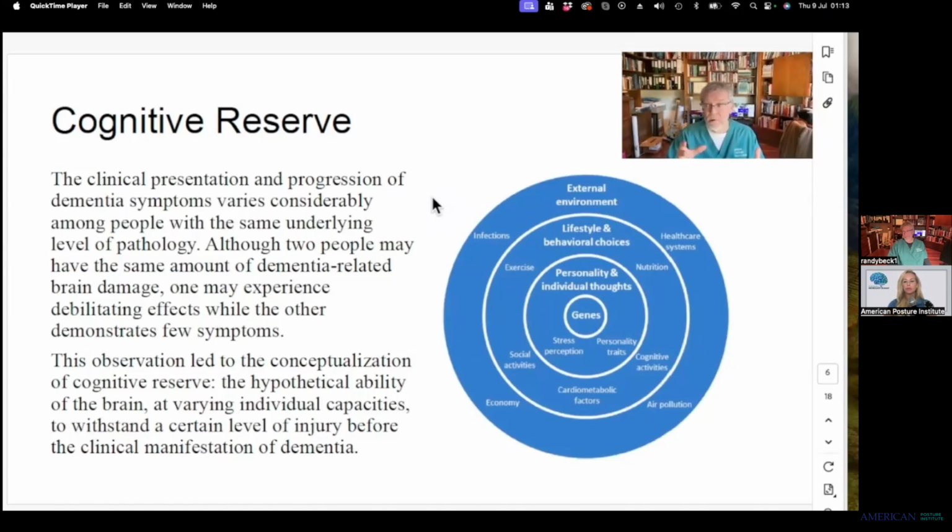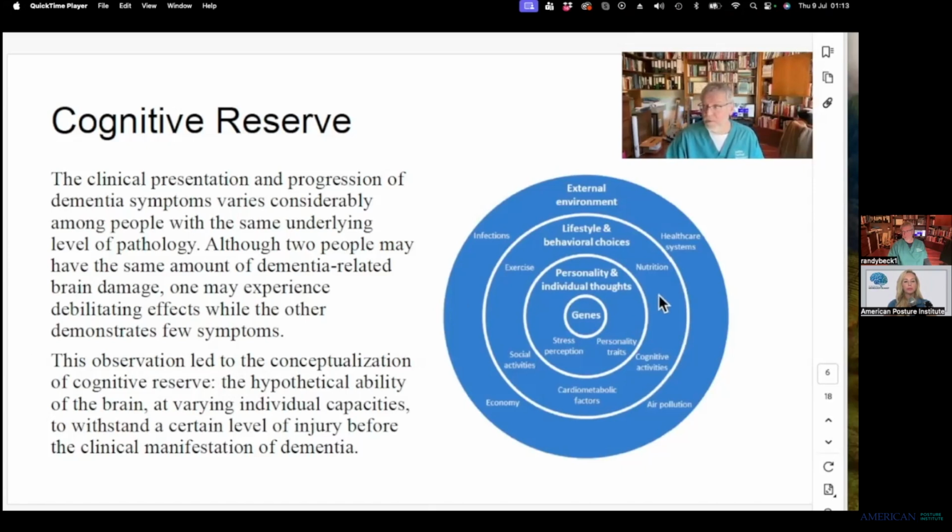So we had to come up with something to explain this. One concept is cognitive reserve, which is the hypothetical ability of the brain to vary in individual capacities based on how the brain has built up capacity prior to the injuries starting to happen.